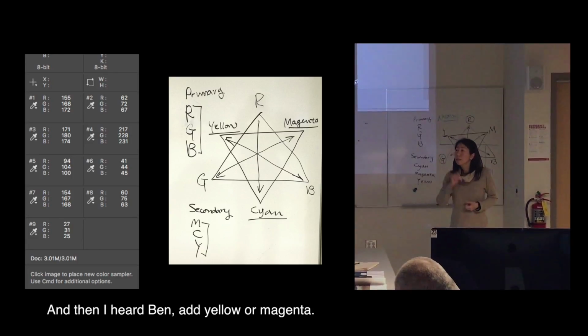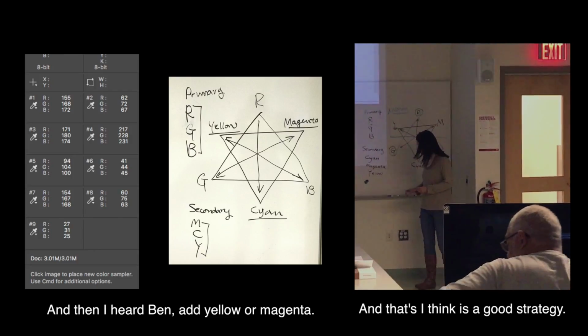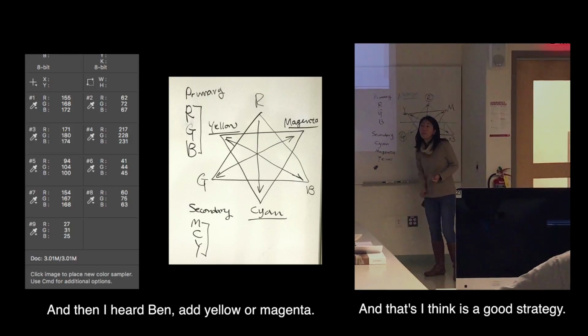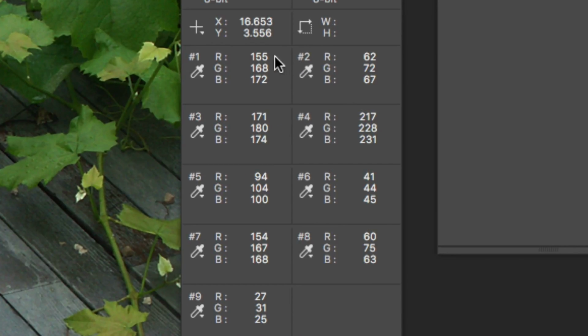And then I heard add yellow or magenta. I think that is a good strategy. If you look at the numbers, the red has the least numbers. This is least too. This is least. If you look at all of them, red has the least numbers for all of them except for number 9.